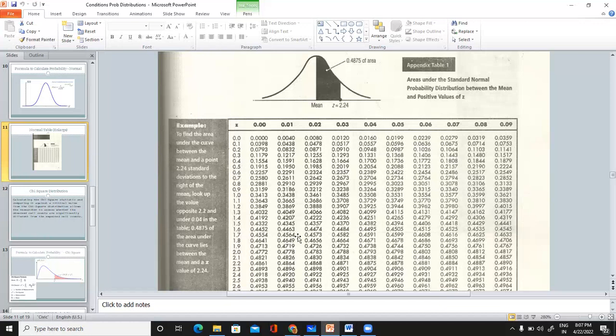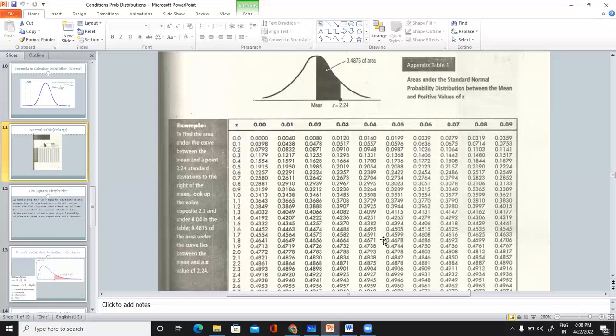So 1.7 here and this 5, the value under 0.05 in the row 1.7 is 0.4505. You can see in this table 0.4505. So in the exam you will get the normal distribution table as well, so you can easily use that.